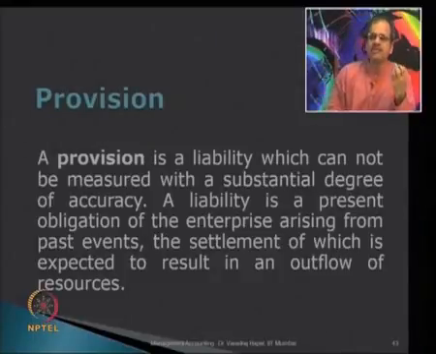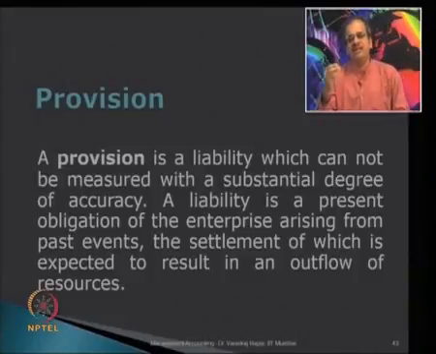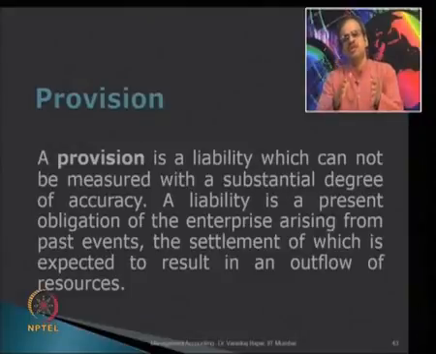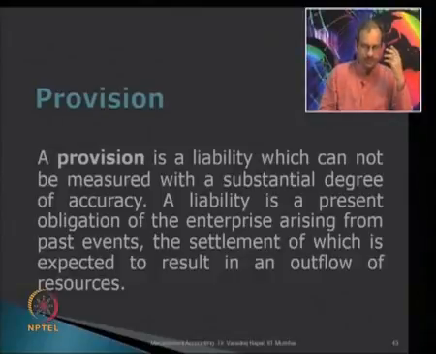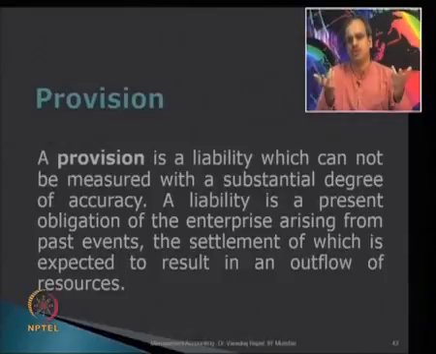Now, sometimes what happens is the expected liability cannot be estimated with substantial accuracy. So, we were discussing that the salary is 30,000. So, we could easily know that the amount which is payable is going to be 30,000. Sometimes what happens is the amount of the expense is not known to us.